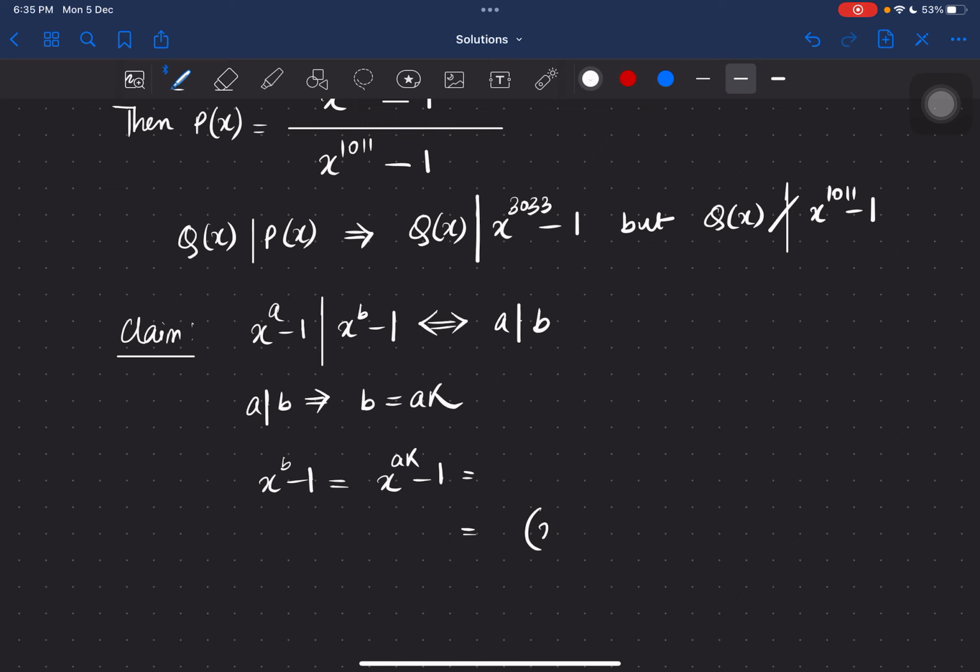Here we have x^a - 1, so what do we have to multiply with? We are having addition, so x^(ak - a)... we need some more space. Then only when you multiply with x^a - 1 will we have x^(ak), because we are having addition.